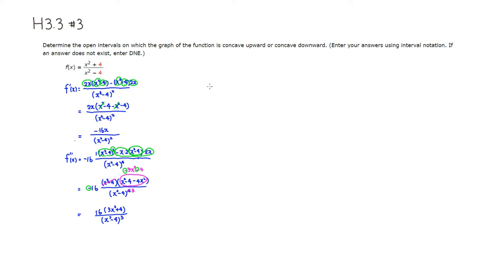So let's discuss concavity. I'm going to draw a number line there. This function is not defined when x equals positive 2 or x equals negative 2, because that will make the denominator 0. So I'm going to put negative 2 here and positive 2.